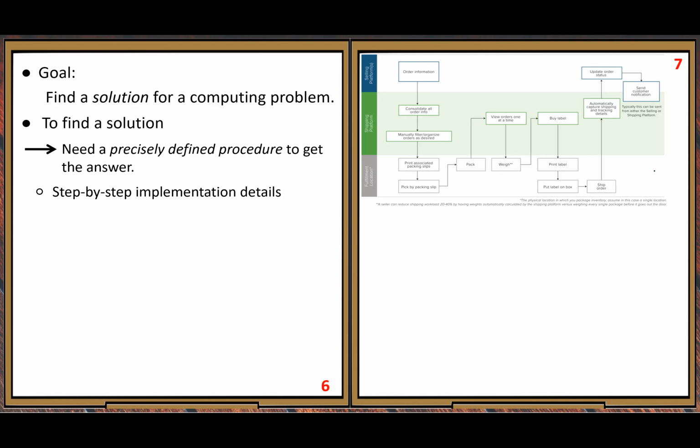Then each step can be represented in code. For the implementation, you need to implement each step in code. So then you will get a computer program. You use appropriate tools to generate your computer program.